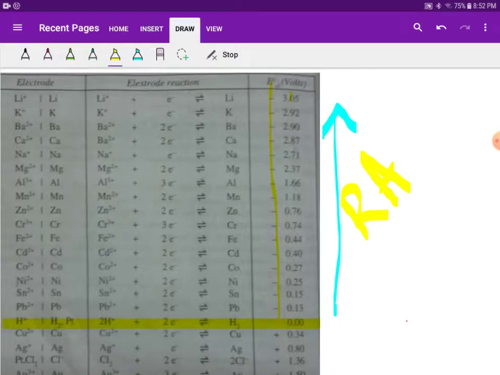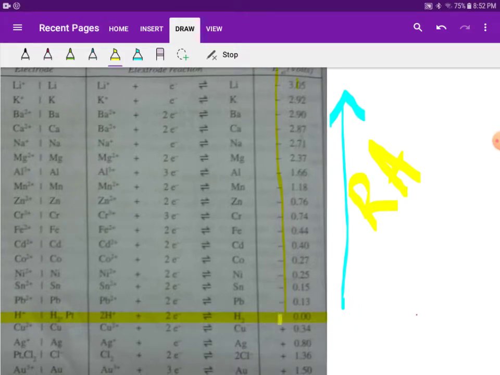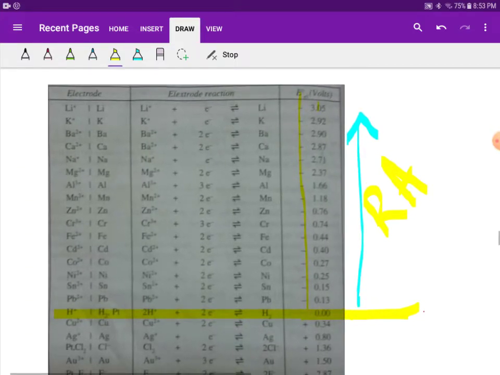The value of the reduction potential of hydrogen is plus or minus 0. That means hydrogen is equally oxidizable and reducible. Then all other metal ions have positive reduction potential values, which keep increasing and reach a maximum near platinum.